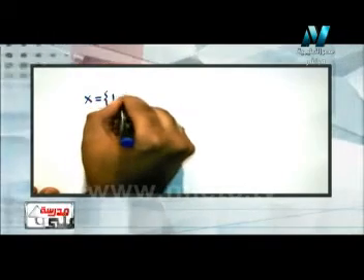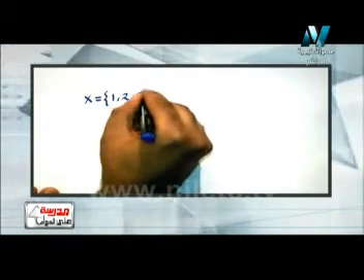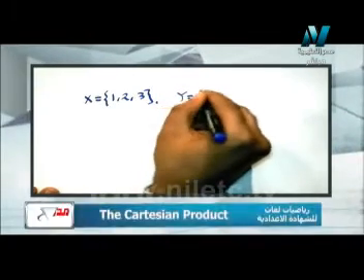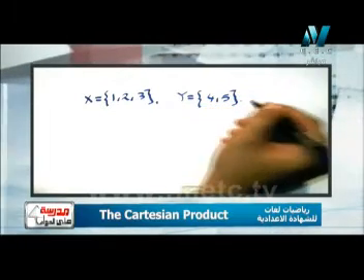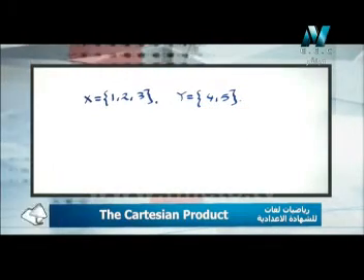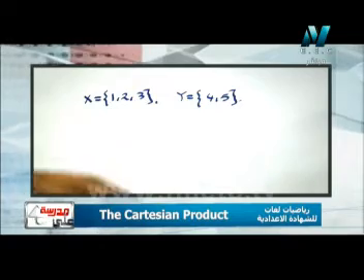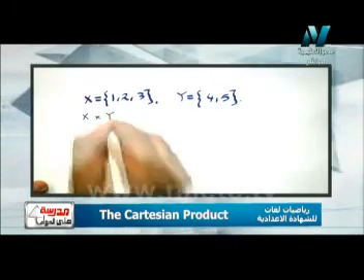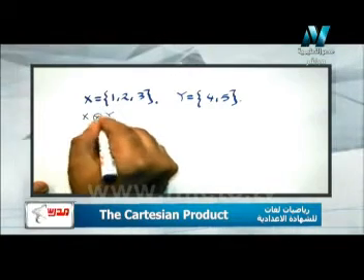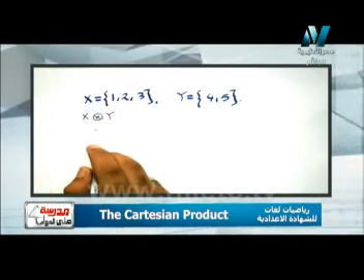For example, if I have two sets, X with numbers 1, 2, 3, and Y equals numbers 4 and 5, simply to find X product Y, we have to find X × Y. This symbol says product, not multiplication.